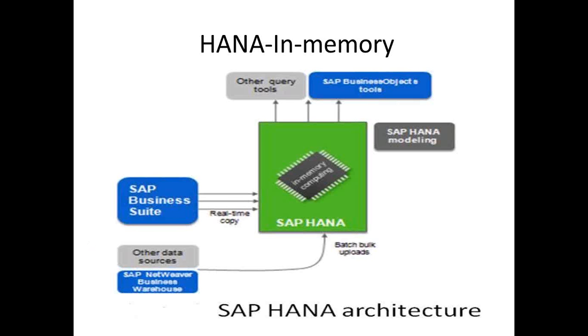Once data is generated on your transaction systems, usually you don't leverage analytics on the transaction system because it might cause a hindrance or performance issues. So you want to handle all your analytics on a separate system, and that's when BW came into the picture. But SAP HANA is basically a bridge between the transaction system and the analytics system.